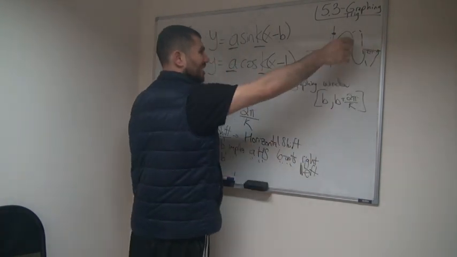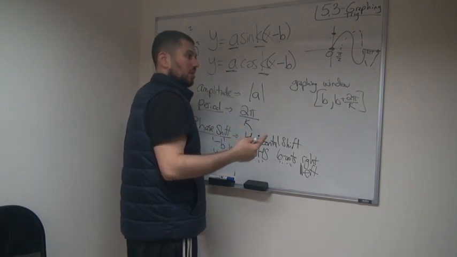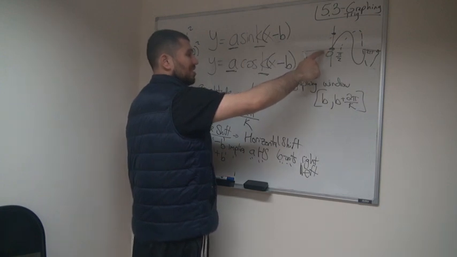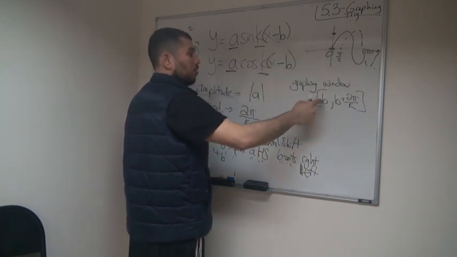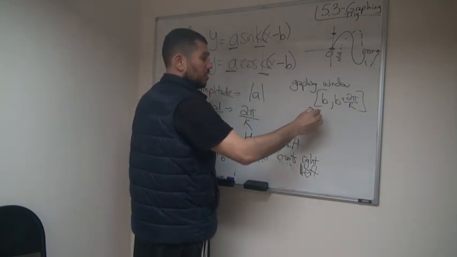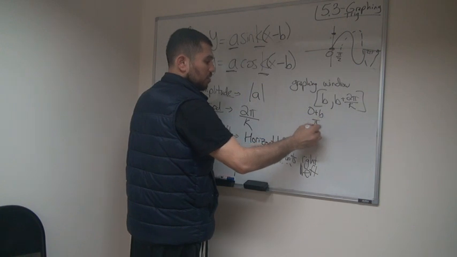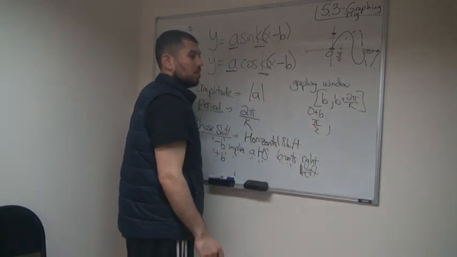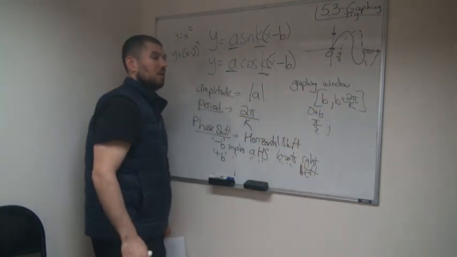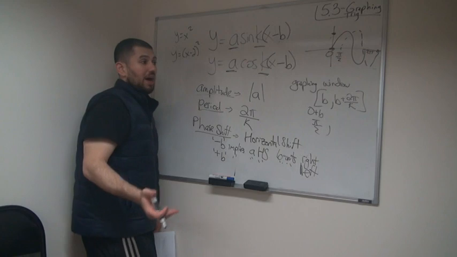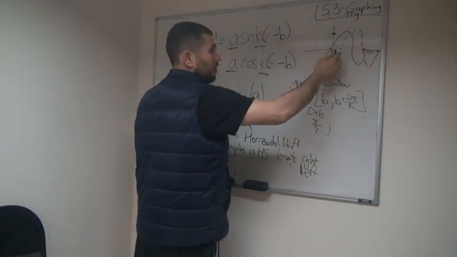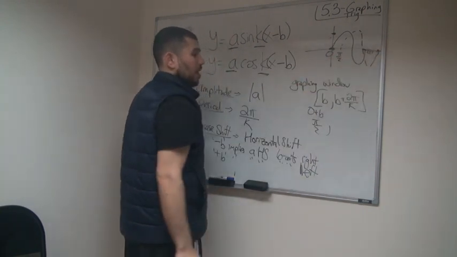So one full cycle, if I wanted to graph one full cycle, could start at b, because it went from 0 to 0 plus b, and 0 plus any value is just that value. So I would have started at 0 plus b, or 0 plus pi over 2 in this example, which is pi over 2. And 2 pi over k is the period. So if my period is 2 pi, then I was ending at 2 pi, and I want to add the phase shift to it, so I'm going to add 2 pi plus pi over 2.